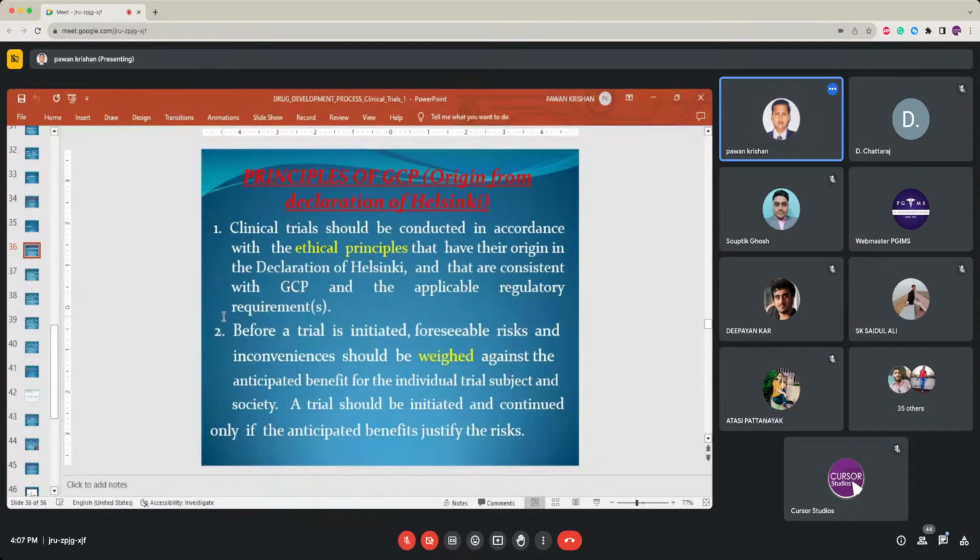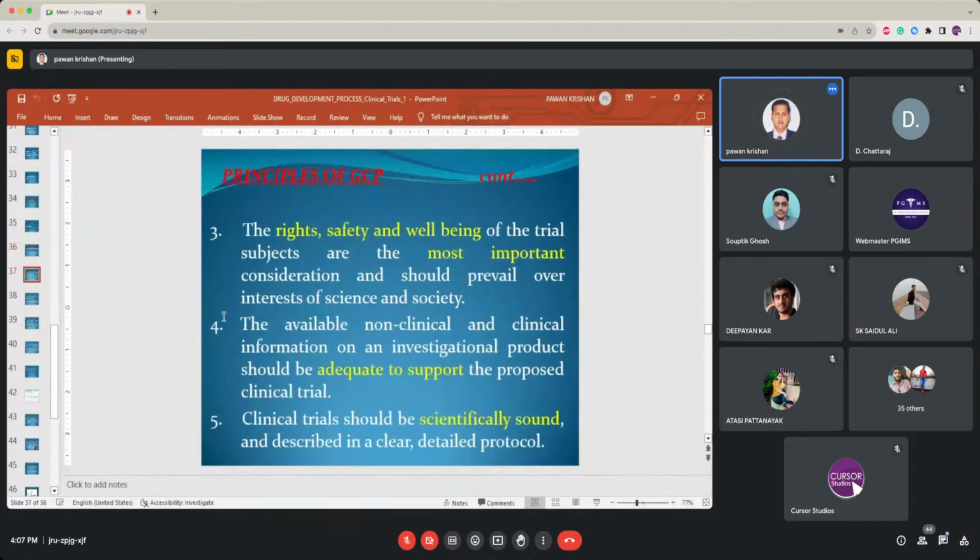So in this, before any trial is initiated, foreseeable risk and inconvenience should be weighed against benefit. The rights, safety, and well-being of the subject should be the most important. Then there should be non-clinical and clinical information available for the new investigational drug, which should be adequate to support the proposed clinical trial.